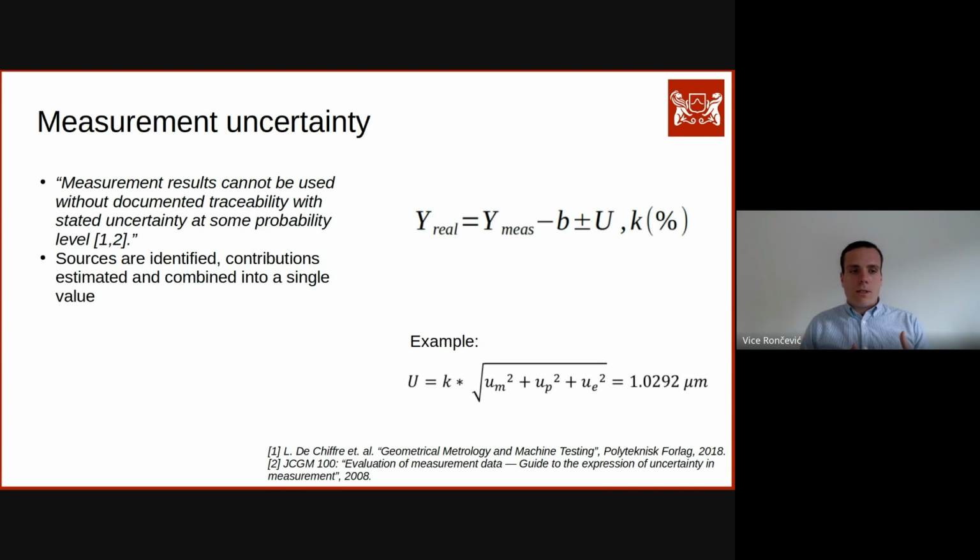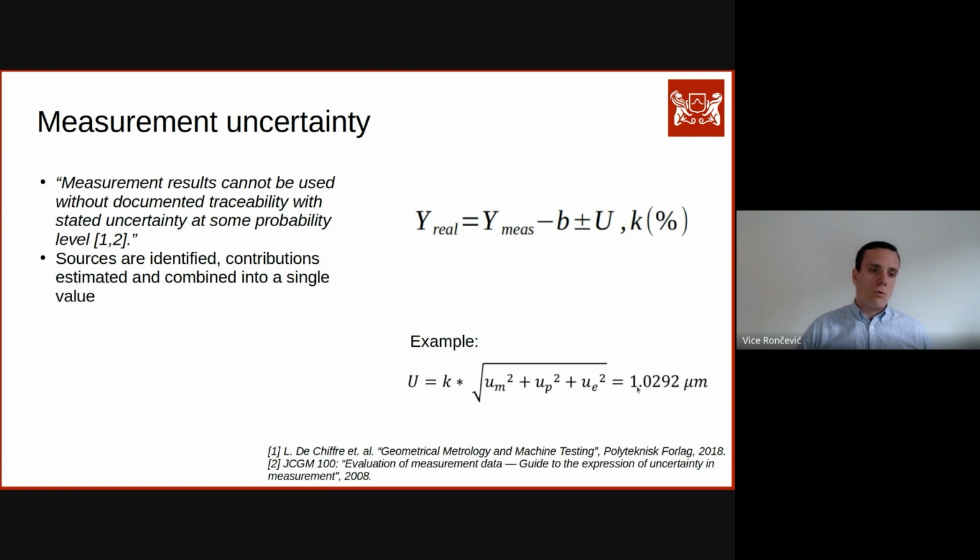Then, of course, there is the effect of the measurement device, and the effect of the procedure itself. All of those you essentially sum up as a vector. You multiply them with a factor that is just a safety measure, to reach a number which you then attach to your measurement result.